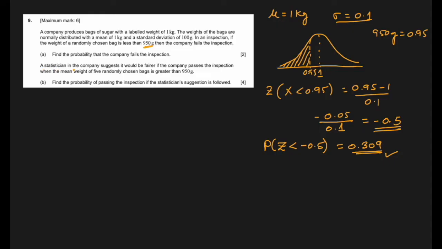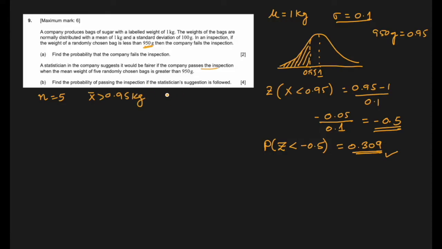A statistician in the company suggests it would be fairer if the company passes the inspection when the mean weight of 5 randomly chosen bags is greater than 950. So the number of bags chosen is 5, and for the mean they want more than 0.95 kg.